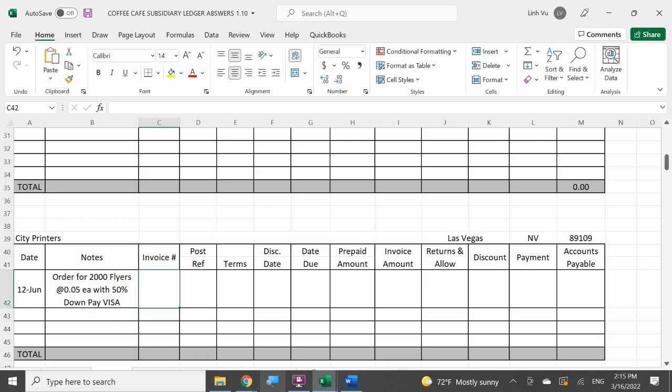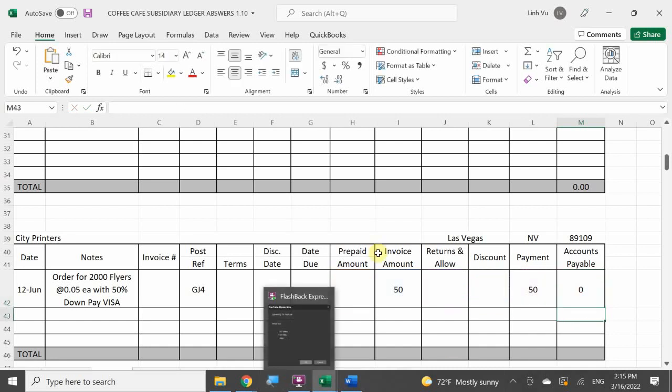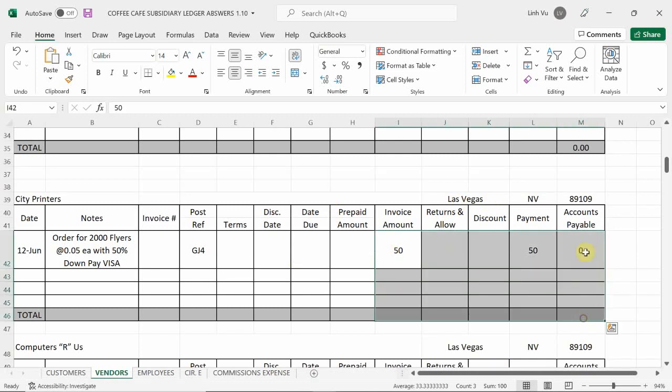Invoice number: we haven't picked up our flyers yet, so we have no invoice number. Post reference is General Journal 4. Terms: no terms here. But we can say that the invoice amount was billed for $50 and I paid it with the credit card. So the formula should equal 0. We don't owe City Printers anything.